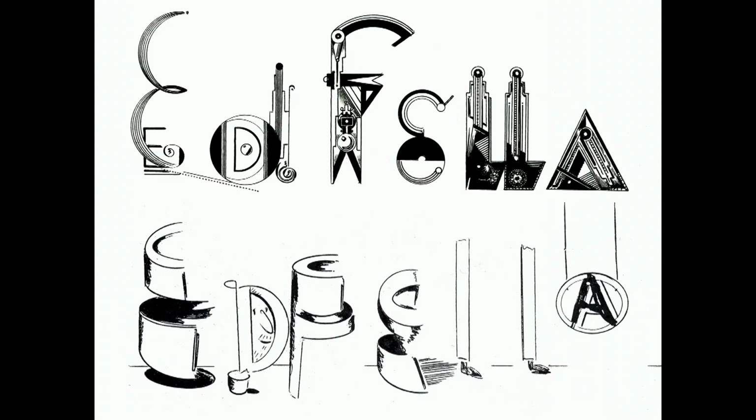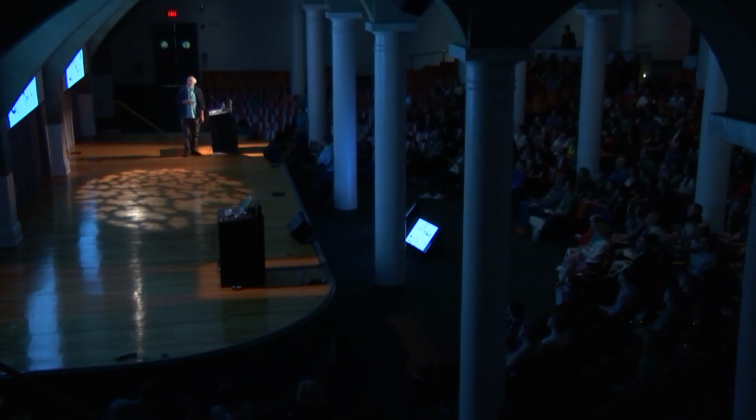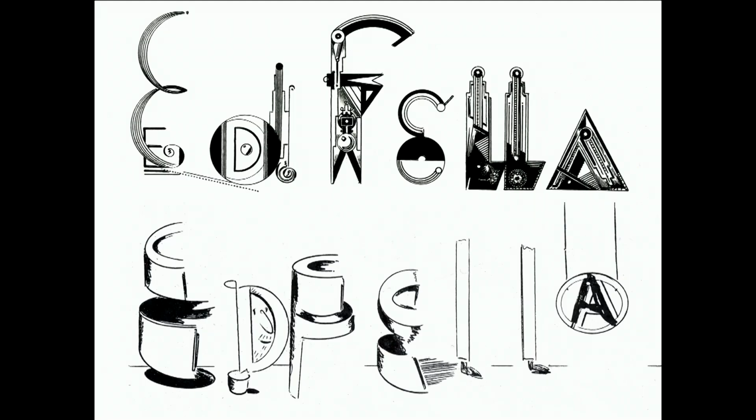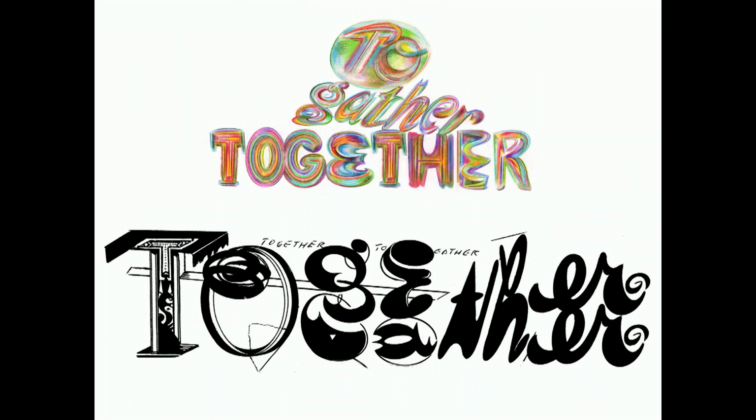Okay, so lettering, for me, all these decades, goes back 60 years. I've been interested in historic letterforms and also postmodern experimental letterforms. Here's an example of the two types.